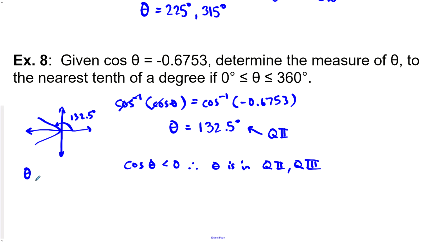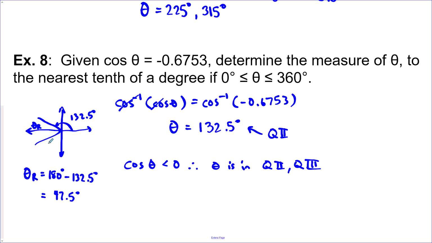So theta reference is equal to 180 degrees minus 132.5. Then we can find this right here. And we get that that is 47.5 degrees.